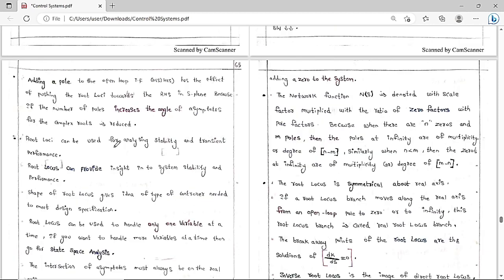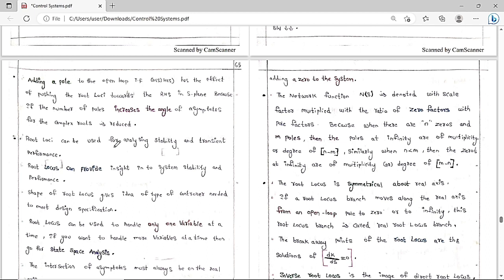The next point is adding a pole to the open loop transfer function G(s)H(s) has the effect of pushing the root locus toward the RHS in the s plane, because if the number of poles increases, the angle of asymptotes for the complex roots is reduced.